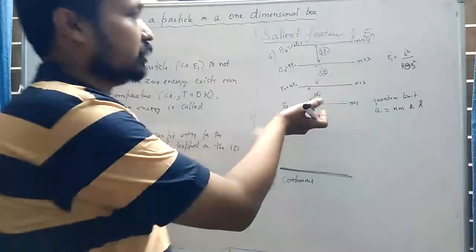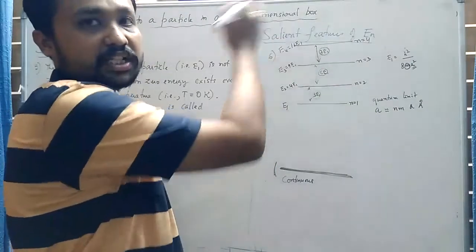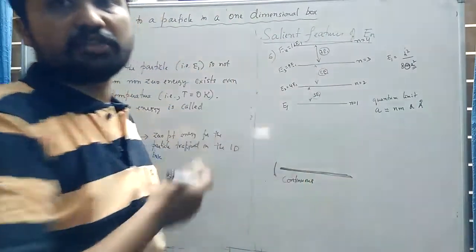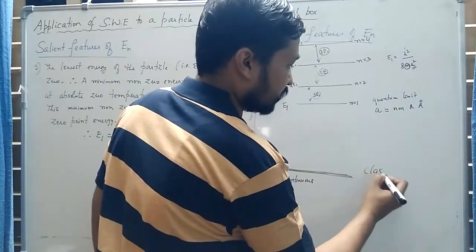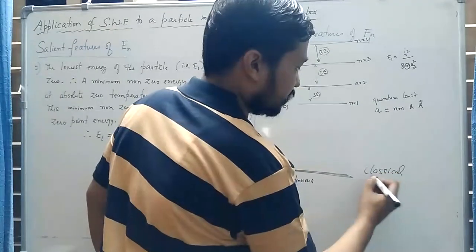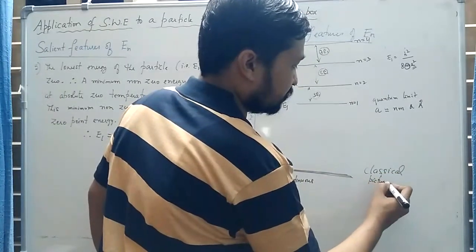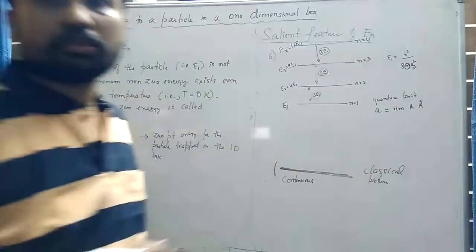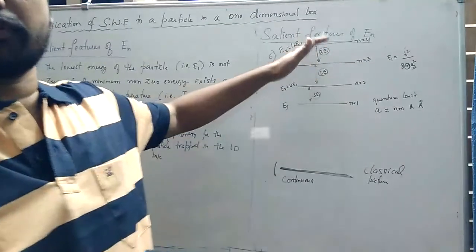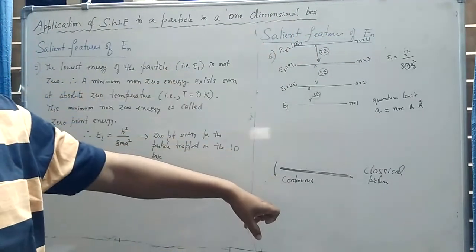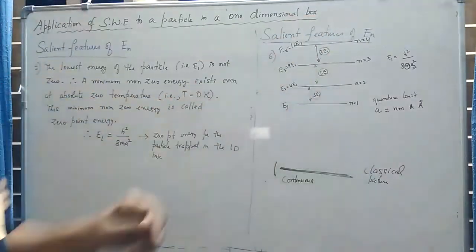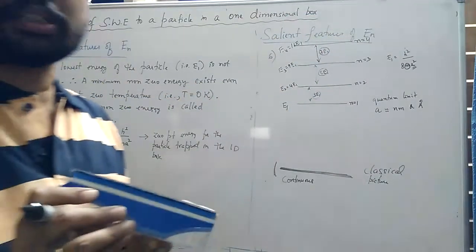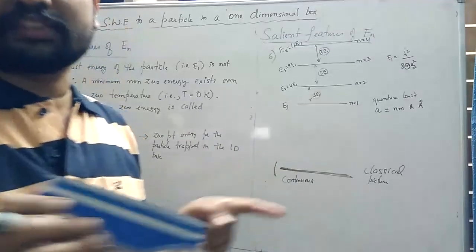So here you have discrete energy levels, here you have a continuous energy, which is nothing but the classical picture. Okay, so from the quantum limit of quantization of energy, we can come back to the classical concept of continuous energy if I increase the dimension of the box from angstrom to 1 centimeter.